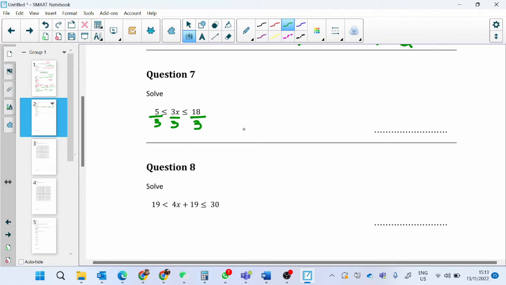So we are left with 5 over 3 is smaller than or equal to x, and smaller than or equal to 18 over 3.